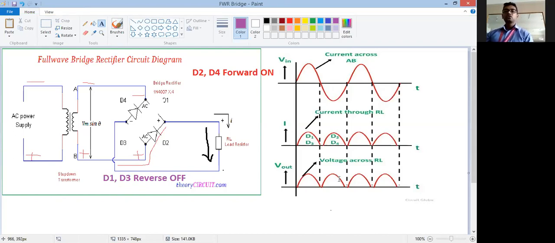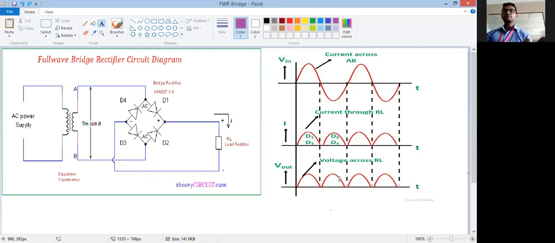Okay, so again I'll explain the entire thing. This is a bridge rectifier because a Wheatstone bridge type of configuration is there. Again, I'm erasing everything and bringing back the original circuit. So as you can see, when the positive half cycle comes, D1 and D3 are on, D2 and D4 off.